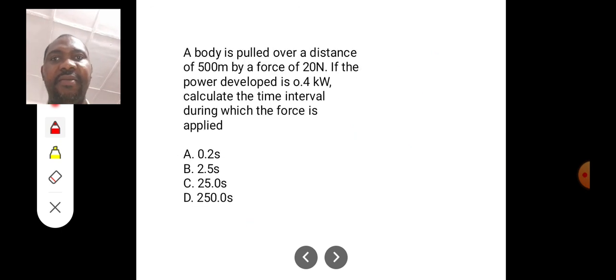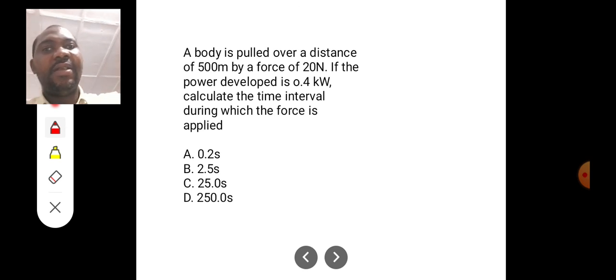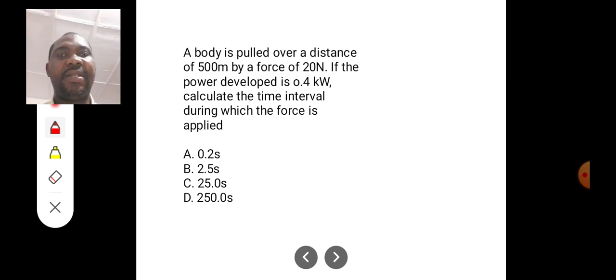Beautiful. Here it says a body is pulled over a distance of 500 meters by a force of 20 newtons.